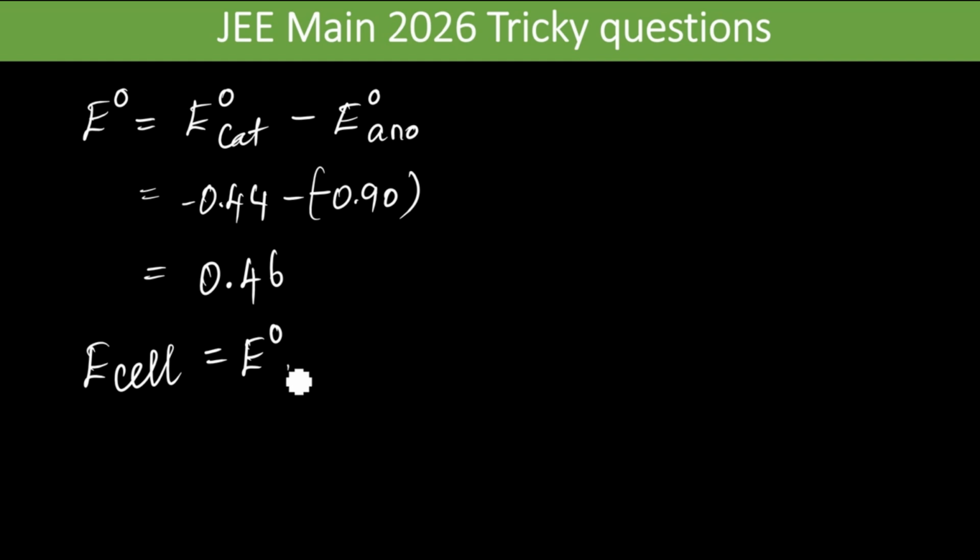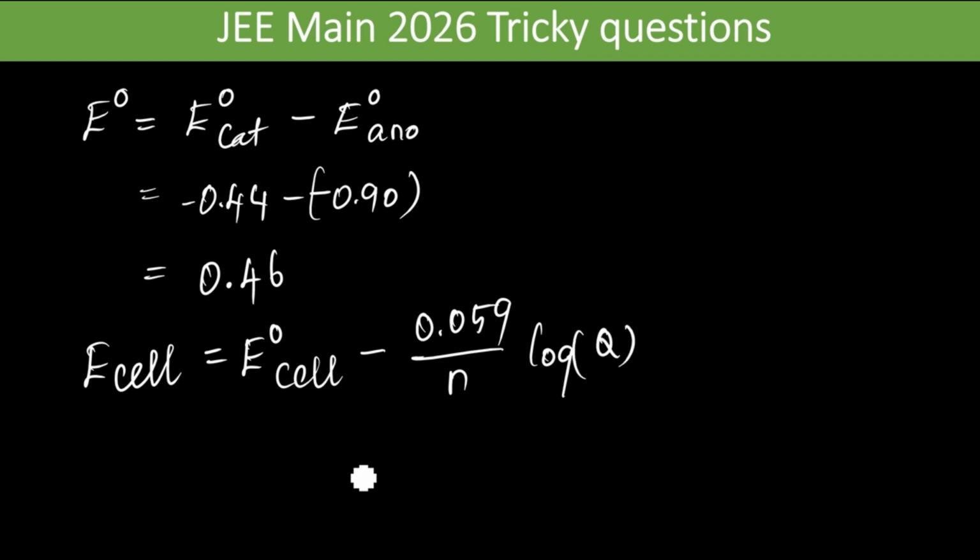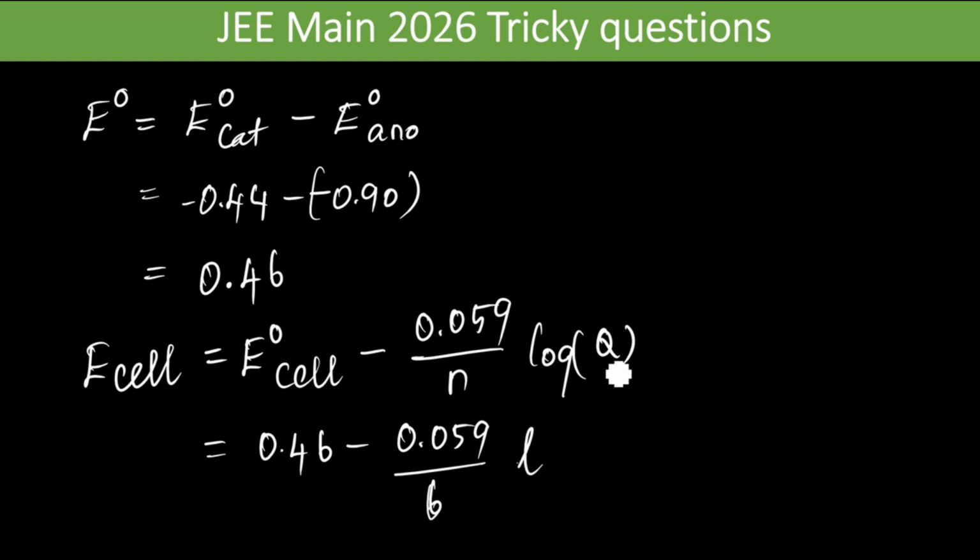So E cell is equal to E naught cell minus 0.059 divided by n, log Q. The log Q value is already given as 10 to the power 6. So 0.46 minus 0.059 divided by 6 electrons, log of 10 to the power 6, which is 6.